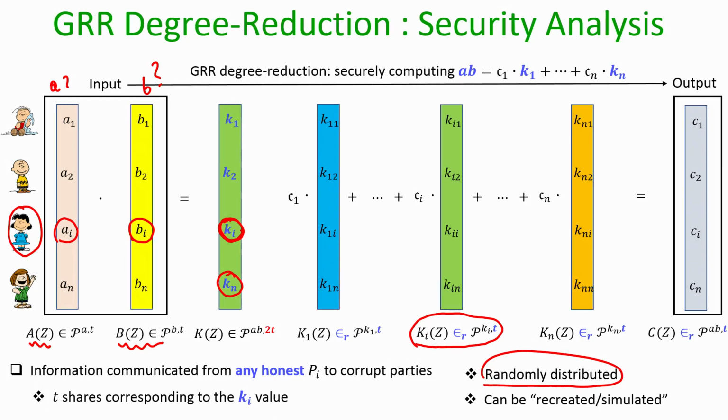They could be the shares for kn being 0, they could be the shares for kn being 1, for any candidate kn from the field. That means, even though information about k1, k2, ki, kn are made available in the form of their shares, the adversary will have only T shares for each of the ki values which are under the control of the honest parties, and hence those ki values remain unknown from the viewpoint of the adversary.